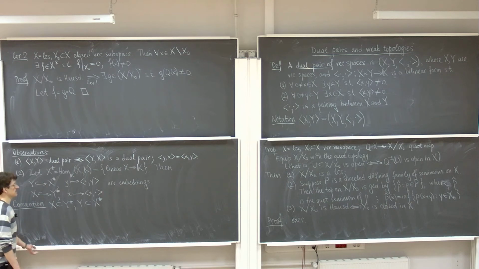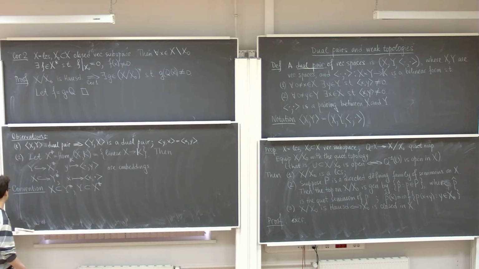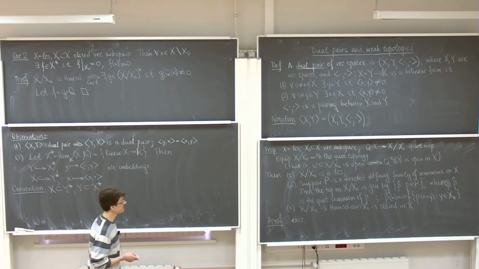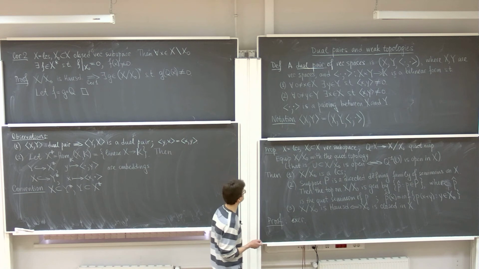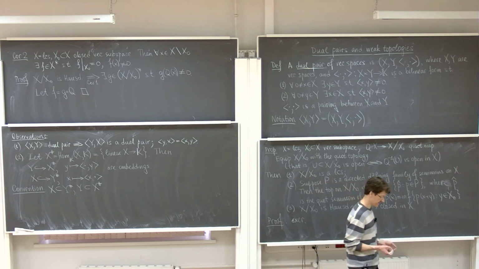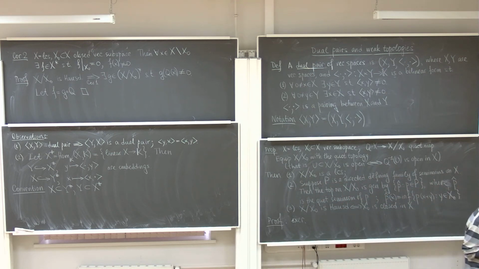Let's now look at some examples of dual pairs. We said in the definition of dual pair that this pairing is symmetric. Maybe this is not the best word to describe the situation, but I mean that if we interchange x and y, then again we get a dual pair.